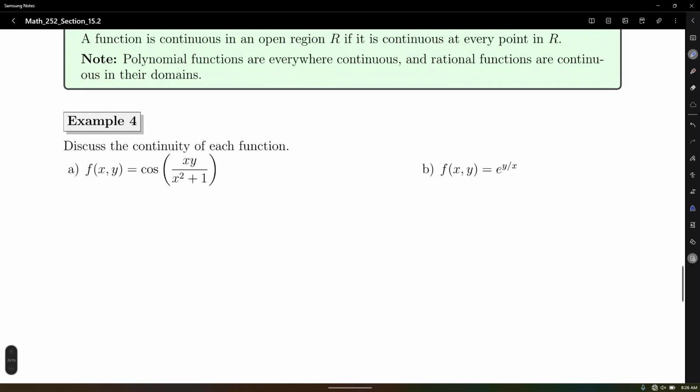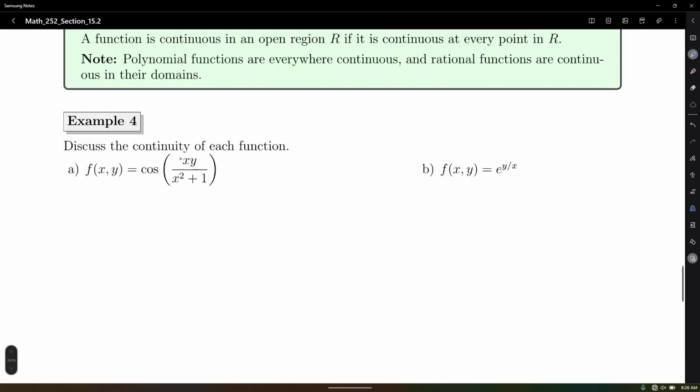F of x y equals the cosine of x y divided by x squared plus 1. This is a multi-layered function, a composite function. That is, there is a cosine and then there is a rational expression in the angle. The cosine function is continuous for all real numbers.